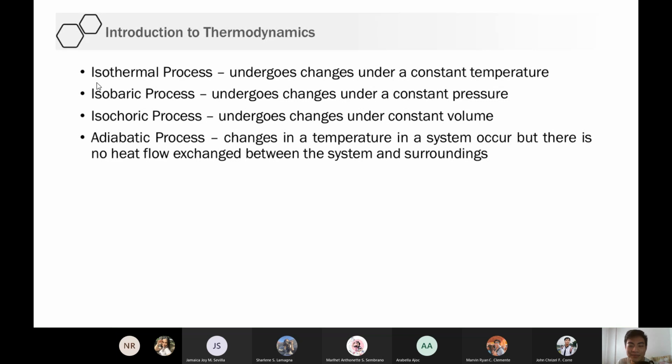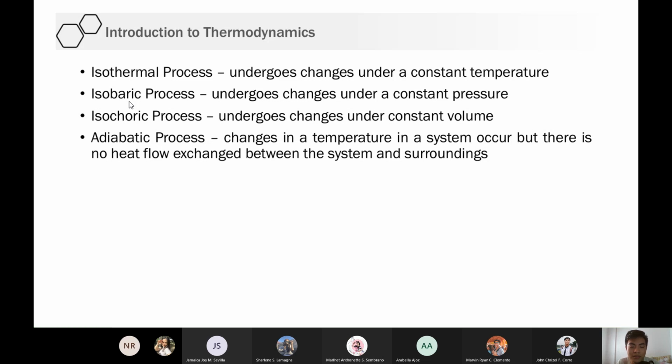Pero yan. Pag sinabing ISO, equal siya. Before and after equal, yung characteristic niya or yung traits. So, pag isothermal, constant yung temperature. Isobaric, constant pressure. Baric, kaya nga may barometer.